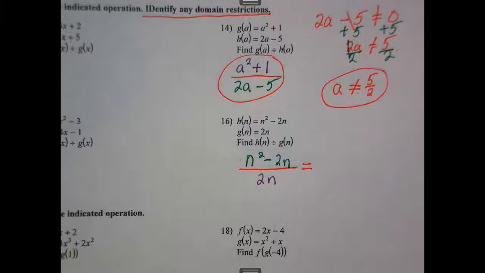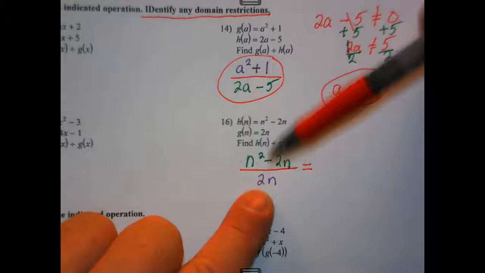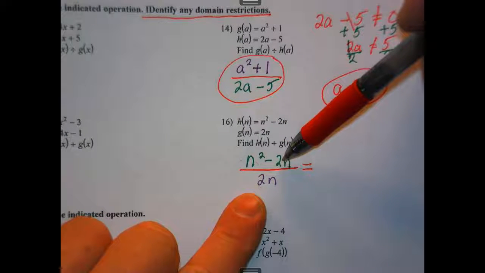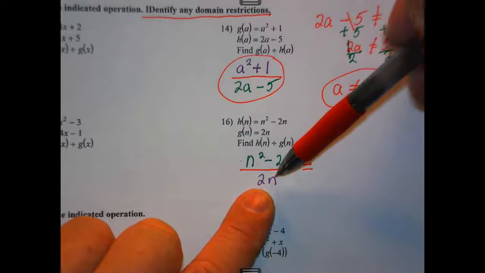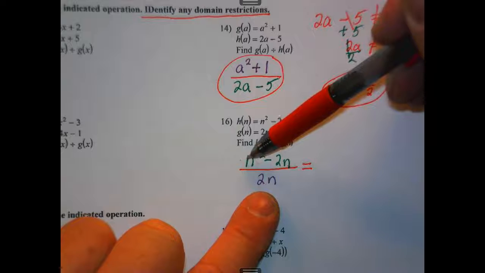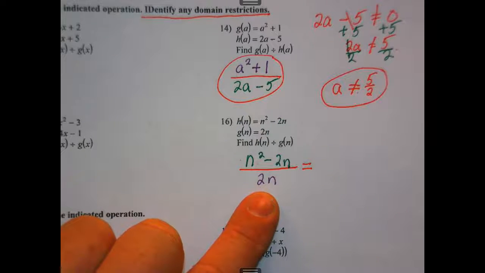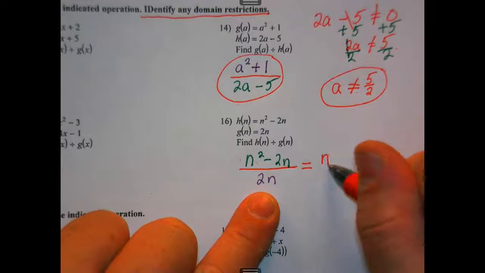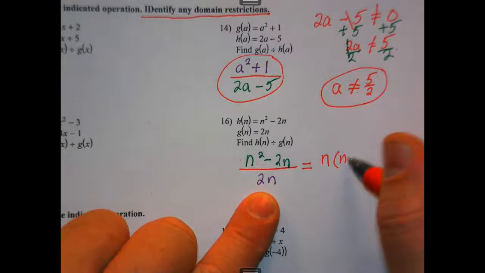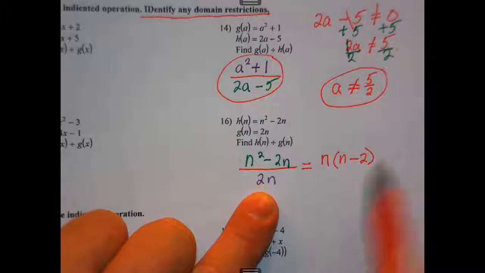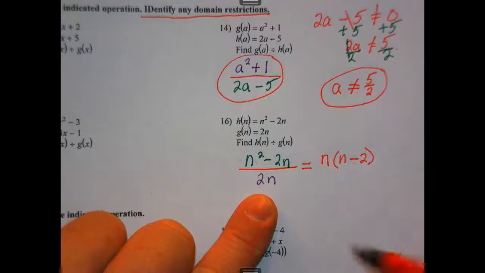I can't cross anything out. I could take out an n because I've got 2 terms on top. So if I take out an n, it would have to be from every term, which I can do. Another way to think about this, if I factor out an n in my numerator, now I've got all multiplication here, right?